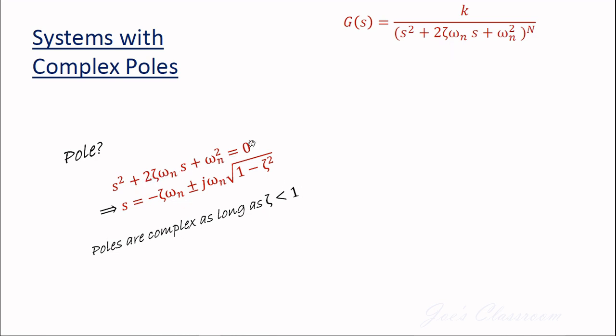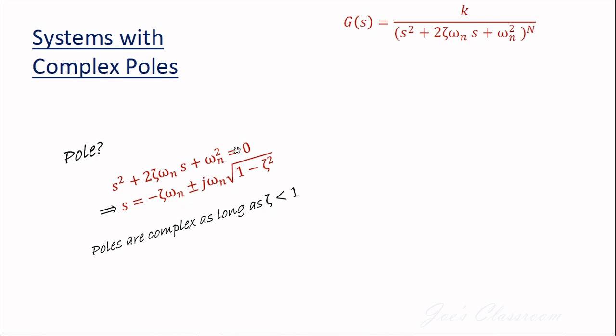If this is the characteristic equation for one of the terms, then s is going to be, applying minus b plus or minus root of b square minus 4ac by 2a, the roots of this characteristic equation will be minus zeta omega n plus or minus j omega n into root of 1 minus zeta square.